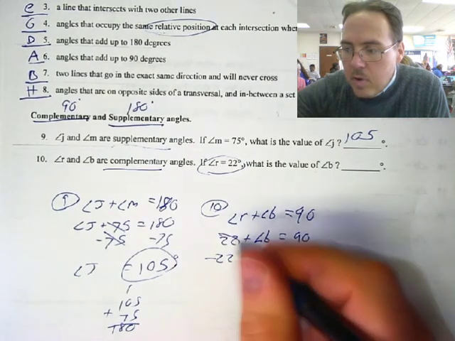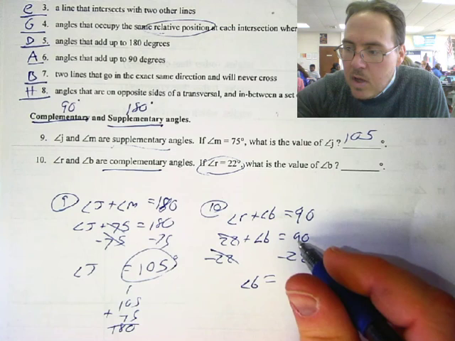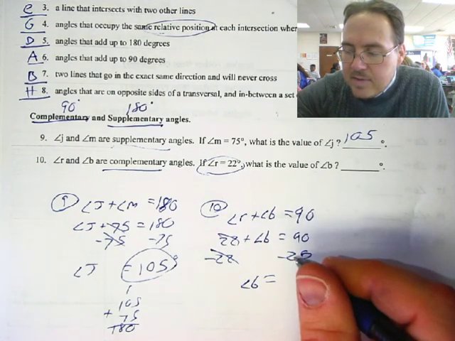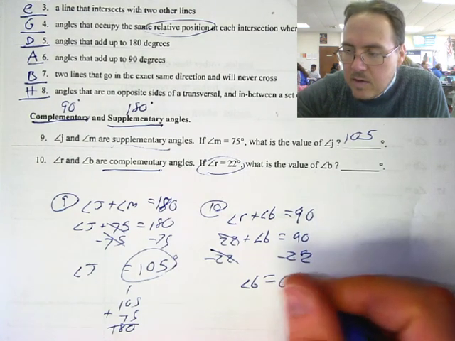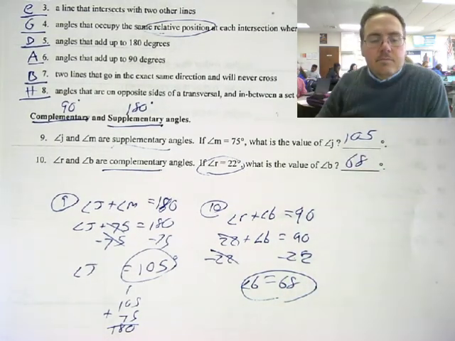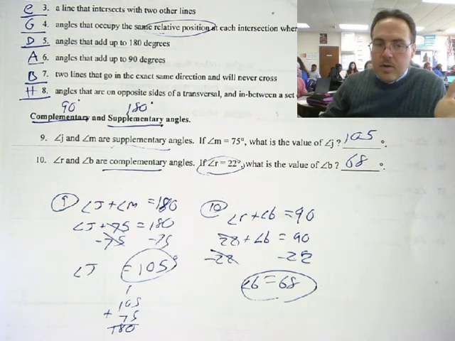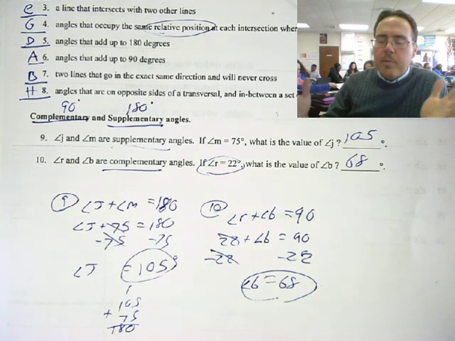Those cancel out, so angle B is going to equal 90 minus 20, which is 70. 70 minus 2 would be 68. So that'd be 68 degrees. Just remember that supplementary, the longer word, is 180 degrees, and complementary is a 90-degree word.